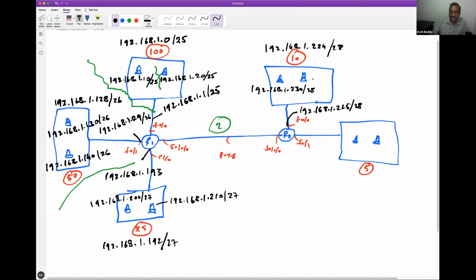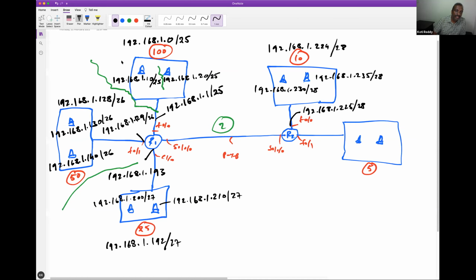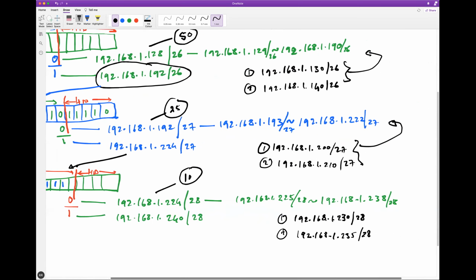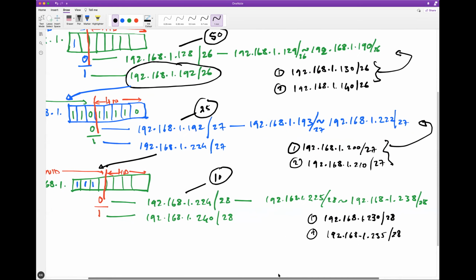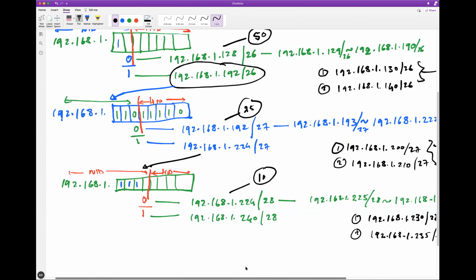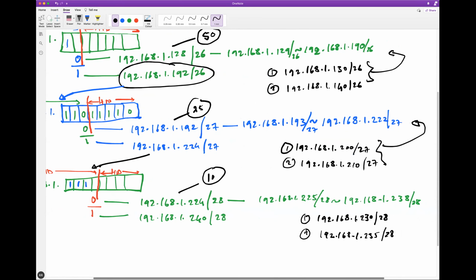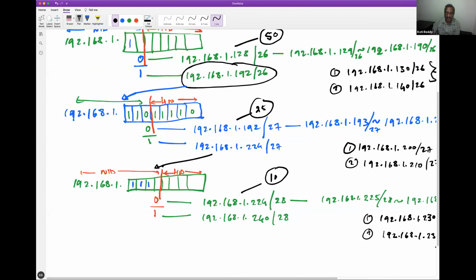Here I take it as 192.168.1.235/28. Correct? This I take. Professor Koti asks whether 240 will clash with any. No, that's not an IP, it's a network ID, correct? That's a network ID. Thank you.